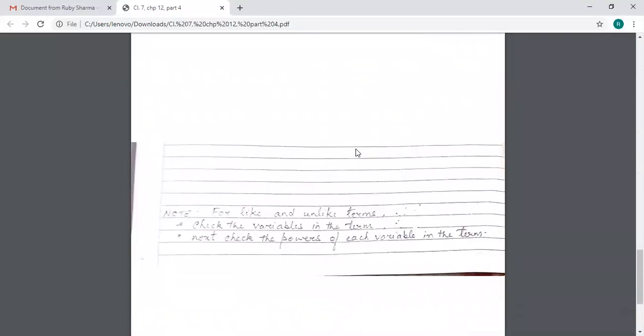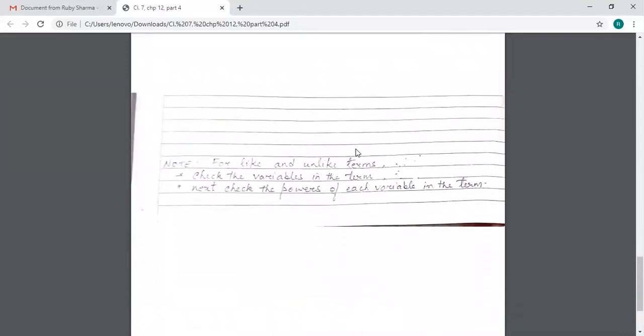Now we come towards the end. What are the things we learn? For like and unlike terms, we have to check the variables in the term. So whether it is x, y, z, p, q, whatever it is, a, b, c, we check the variables.